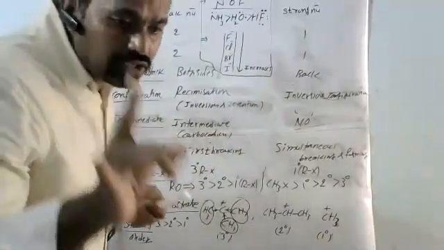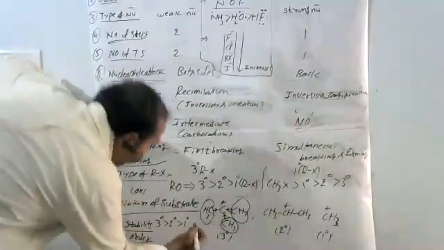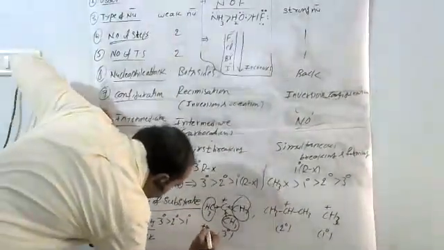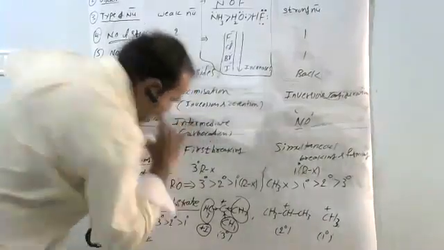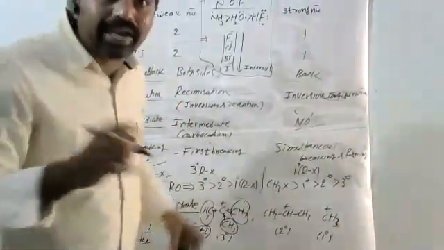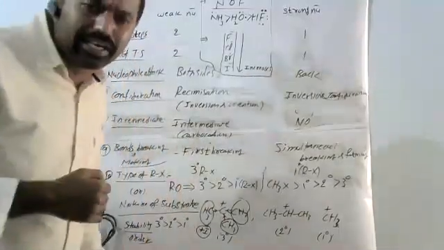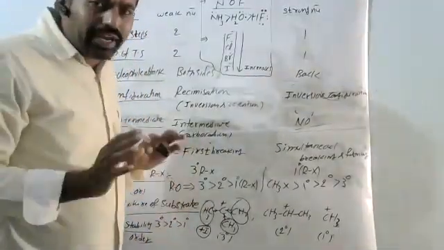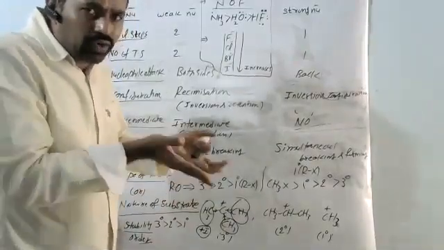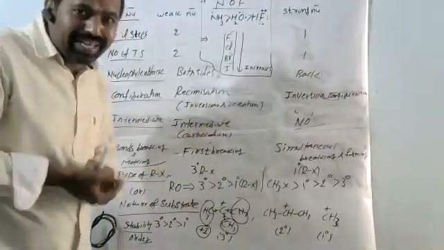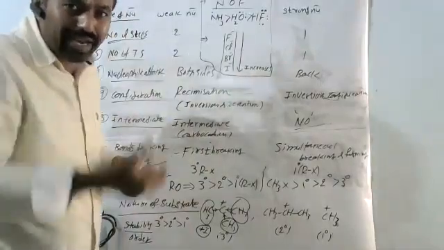This effect is also called positive inductive effect, plus I. Alkyl groups are electron donating, which means the methyl group slowly gives electrons to the carbocation, so stability increases because the carbocation requires electrons.